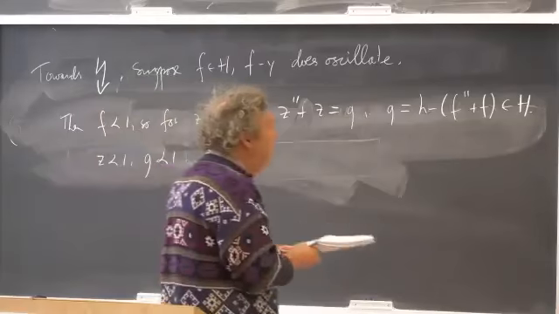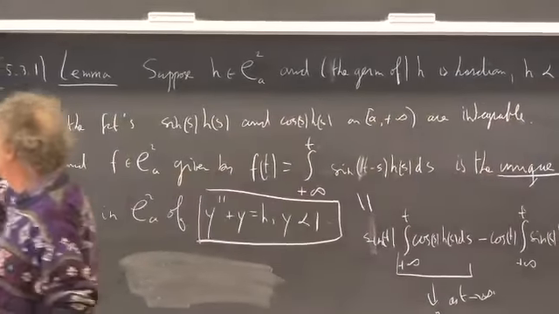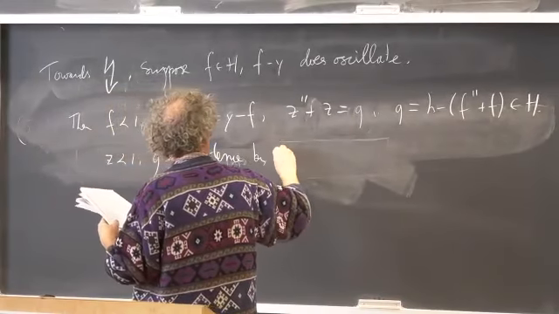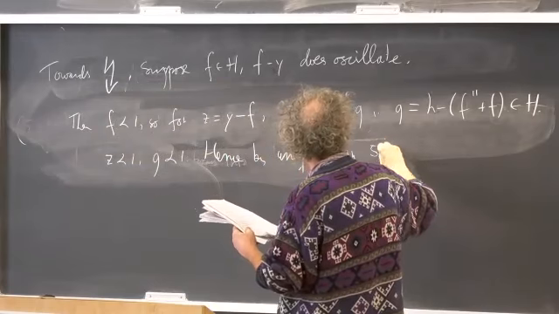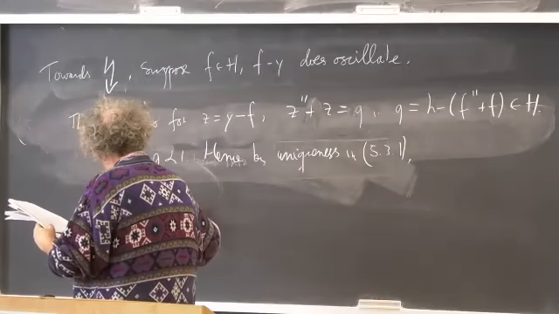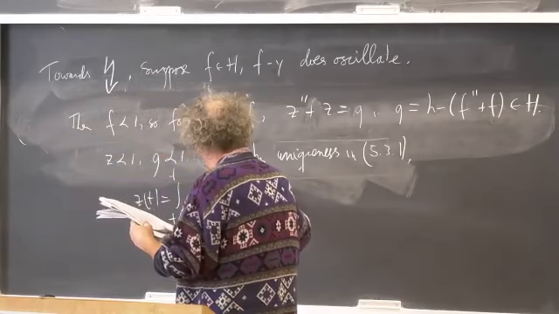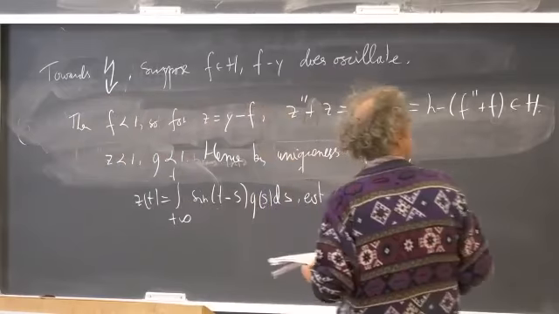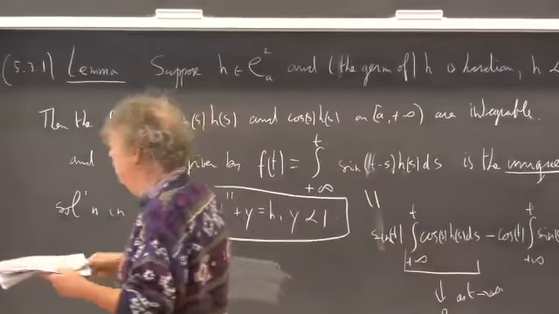Now we use the uniqueness in 5.31 for g instead of h, and we get that z(t) is the integral from plus infinity to t of sine(t minus s) g(s) ds, eventually at least, by uniqueness. Anyway, this is enough.